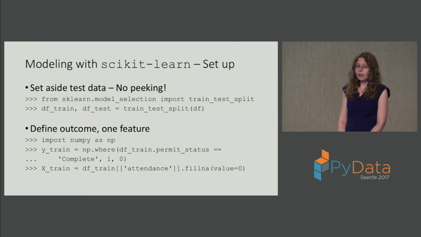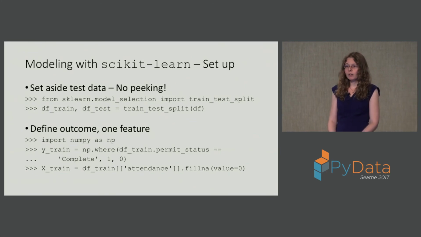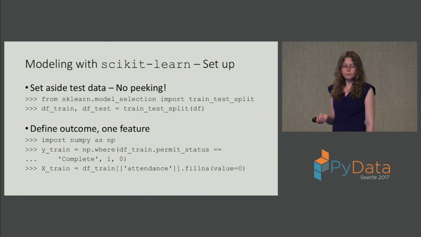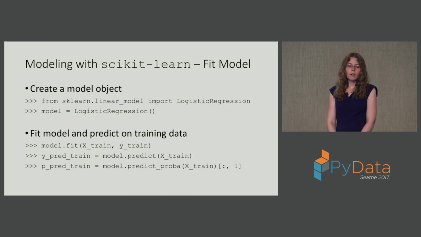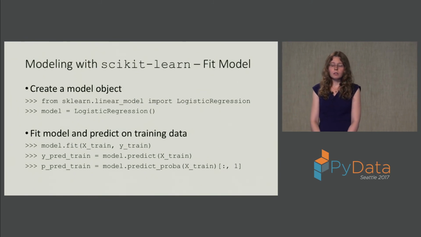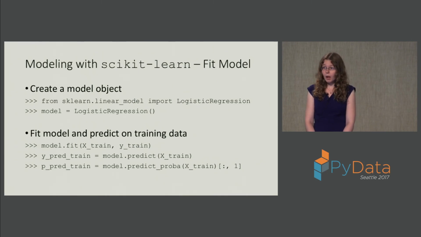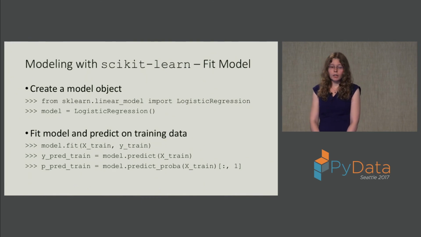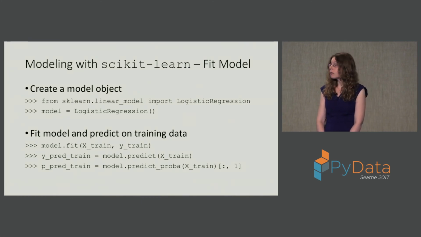And just in case there are any null values, we'll fill those in with zeros for now. Then finally, we create our model object. I'll just use the logistic regression class with the out-of-the-box settings, so no parameters needed.